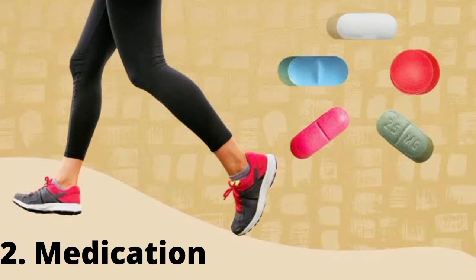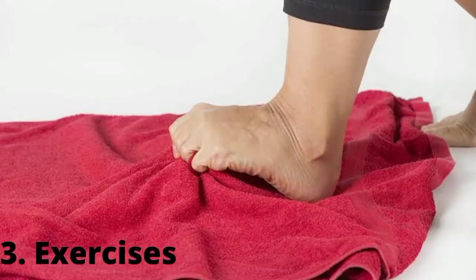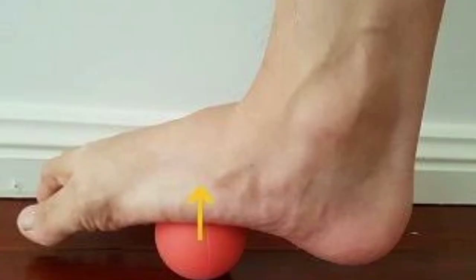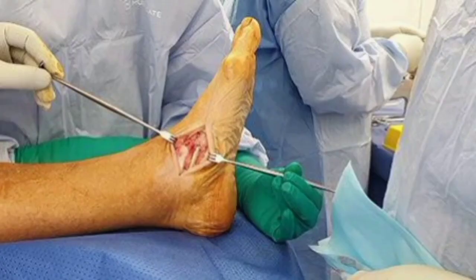Secondly, medication. Medication can help if the flat foot has to do with a disease. Exercises such as picking or toe curl can also be of help. Surgery is also another way to treat postural defects.